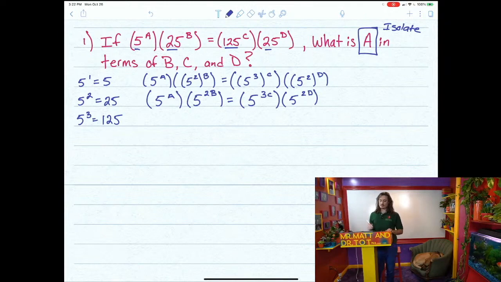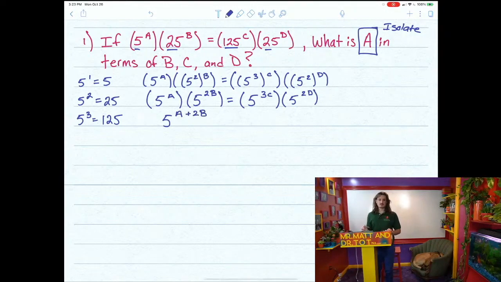Okay, so when we're multiplying common bases raised to exponents, we can keep the bases and add the exponents. So 5 raised to the a power times 5 raised to the 2b power is going to be equal to 5 raised to the a plus 2b power.